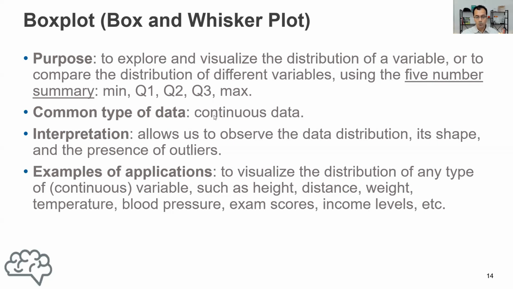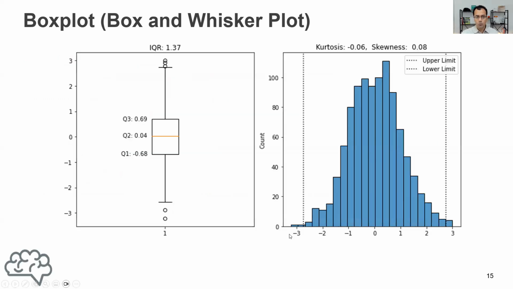Okay? It's also used for continuous data, and its interpretation is based on the general shape of the box plot, also called box and whisker plot. So let's have a look at the box and whisker plot. Here I have a normal distribution randomly generated. As we can see, it is almost a perfect normal distribution with its peak a little more to the right here.